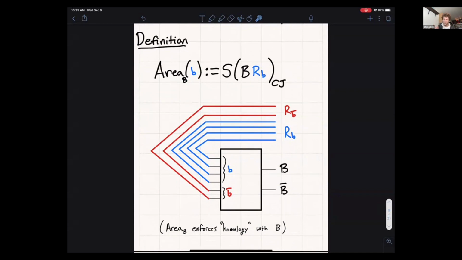This is defined as a certain von Neumann entropy in the Choi-Jamiołkowski state. So if you want to compute the area of little b, you have to take the part of the reference that purifies that part of the input and compute its von Neumann entropy unioned with b.